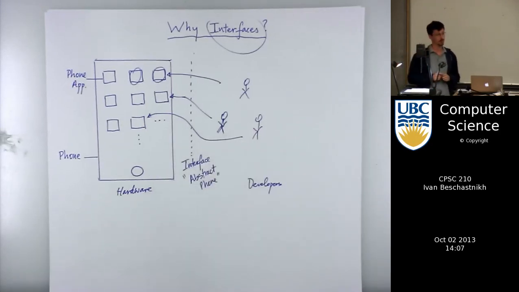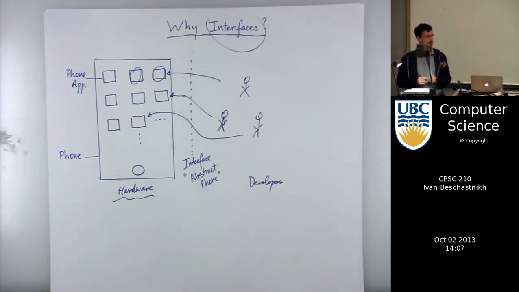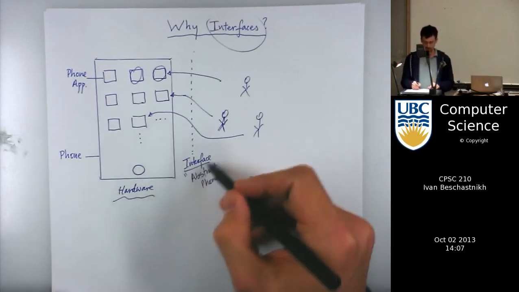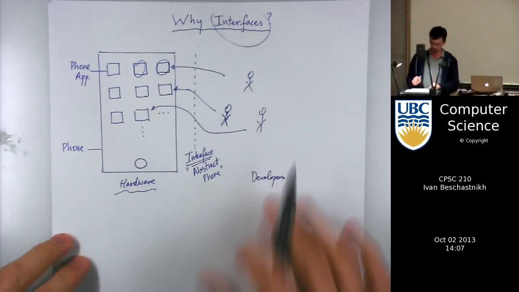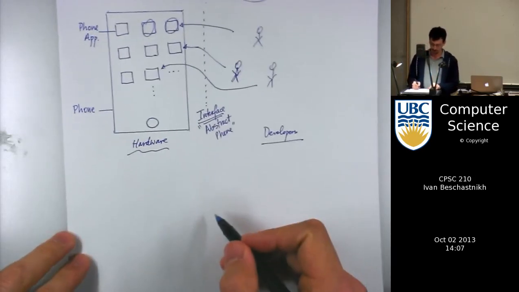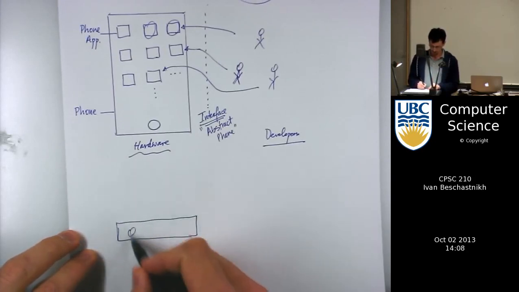So for example, when you get a new version of the iPhone or a new Nexus, your apps will still work on that new version of the phone, so they don't care about the kind of hardware that you execute, more or less. Really what they care about is this interface, this abstract phone representation that you encode with your interface.